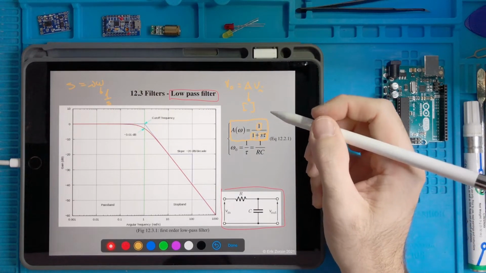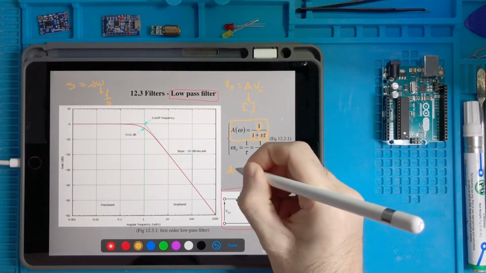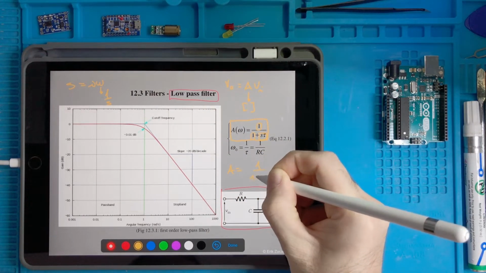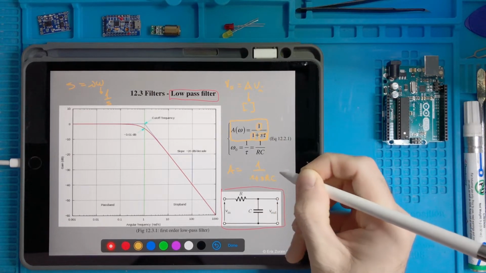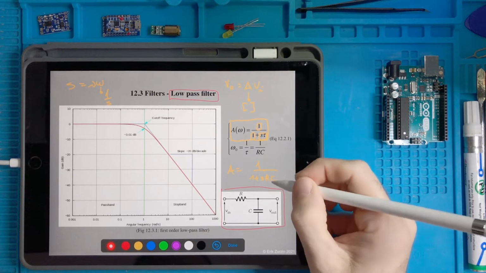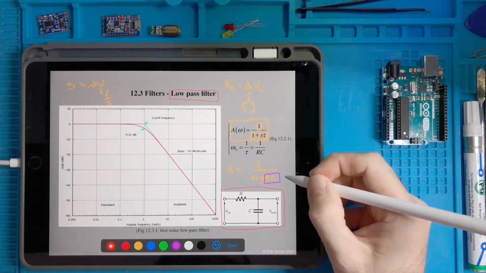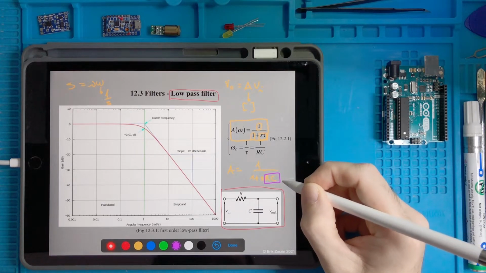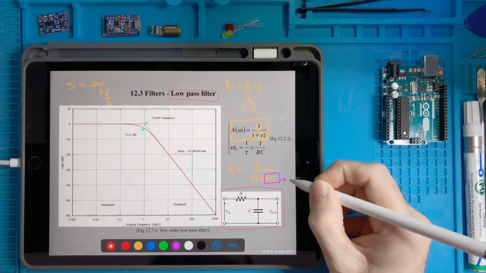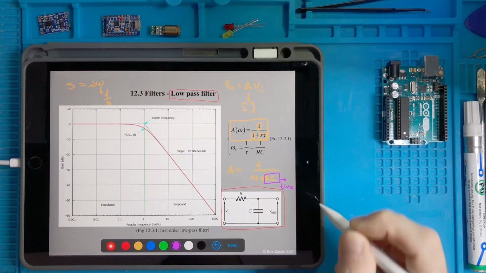Which means that in the transfer function A equals 1 over 1 plus SRC, this thing has the unit of a time. So it's a time.